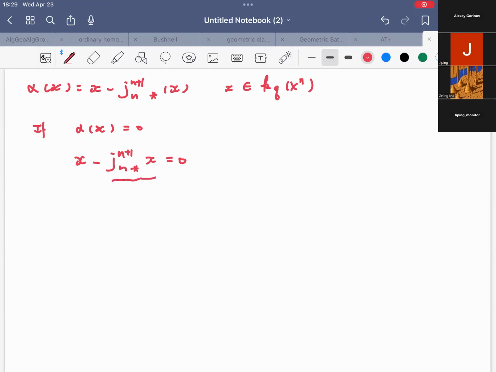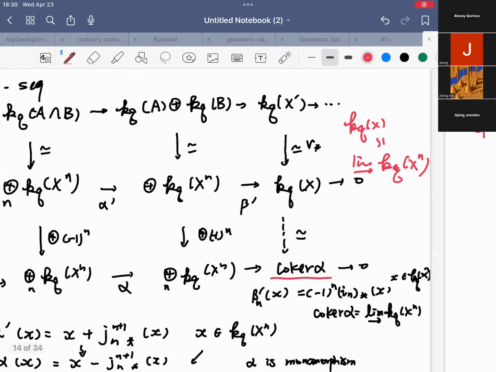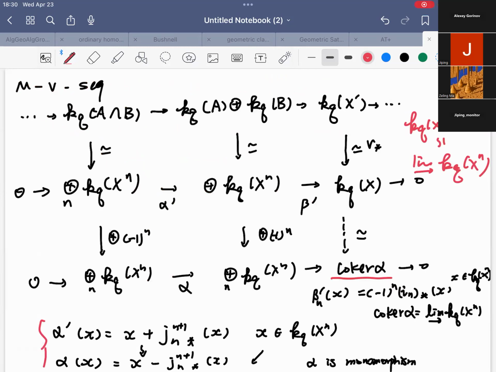But this part is in the KQ X_{n+1}. Because you just take x to x, and the other part is to the n plus 1 case.